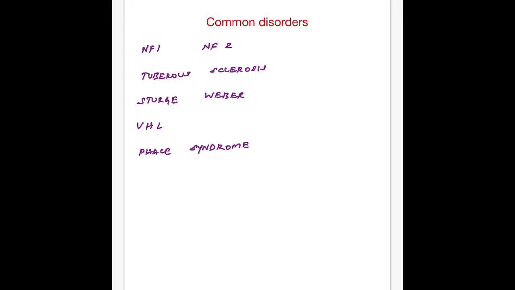The common disorders are NF1, NF2, tuberous sclerosis, then we have Sturge-Weber syndrome, then von Hippel-Lindau disease, then we have the Face syndrome, then there is ataxia telangiectasia, then the lesser known syndromes for the CNS, like the linear nevus syndrome and hypomelanosis of Ito.